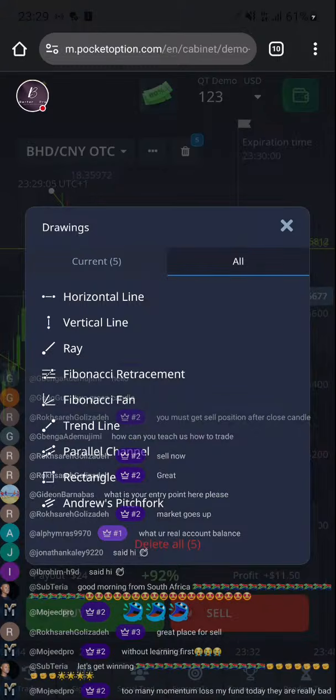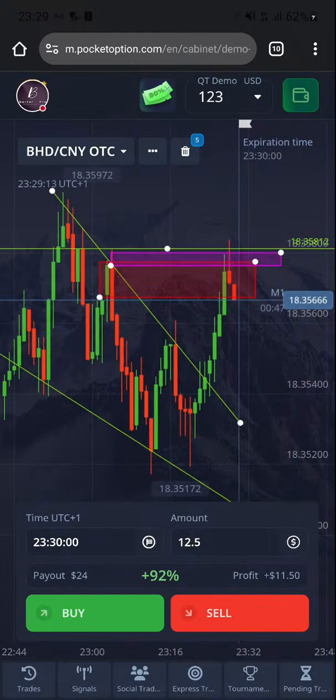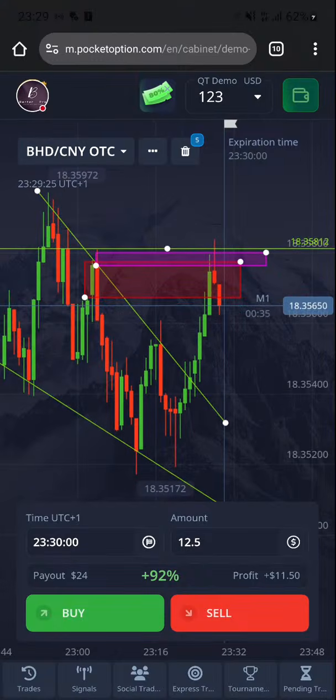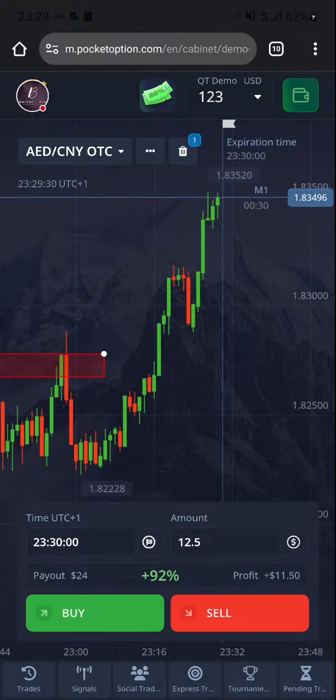Yes, too many momentum losses. Oh my God, you traded against momentum. Guys, please don't trade against momentum. Trust me, it's a bad idea. I don't trade with it either. Anytime you see a momentum, just run. You understand? Even my mentor doesn't trade against it.